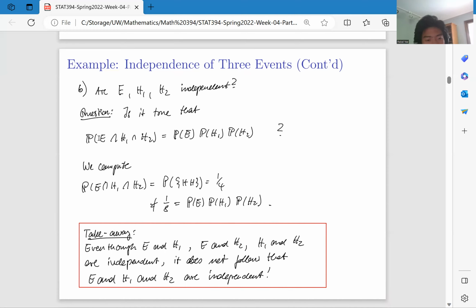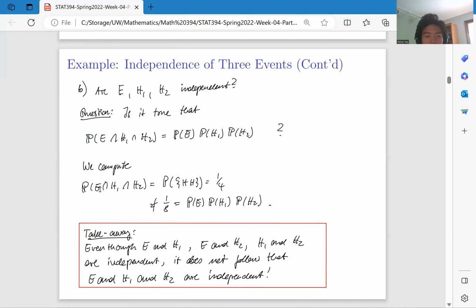Let's see if E intersection H1 intersection H2 is equal to PE times PH1 times PH2. If we can prove that, is that enough? I would say if it's not equal, then it is not independent. But if it's equal, it's not 100% sure to say it's actually independent.